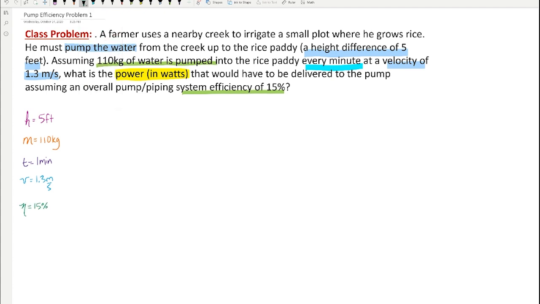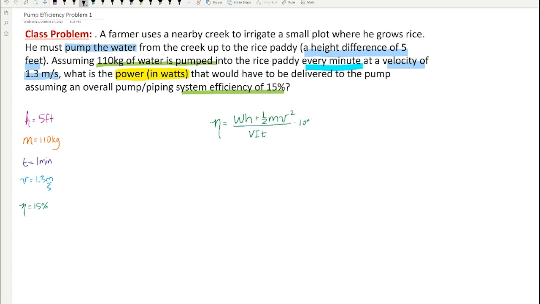Whenever I'm given the term efficiency or I'm asked to find efficiency, I immediately think I need to use the efficiency equation. So at this point I like to write down that equation. When I write it down, I can reference it to see what I have, what I don't have, and what I'm trying to find.